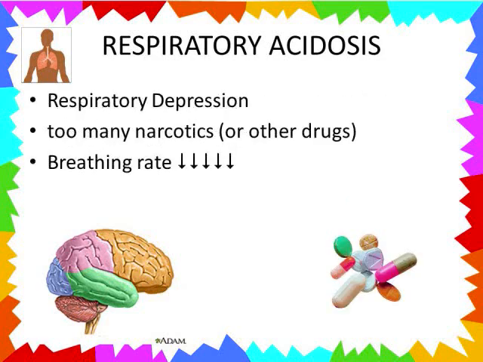It's a common problem when someone takes or is given too much of certain types of drugs like narcotics or barbiturates. It causes the breathing to slow down to a very, very slow pace, which can be very dangerous. And because they're breathing slowly and tend to be shallow breathing, they're just not blowing off enough carbon dioxide.